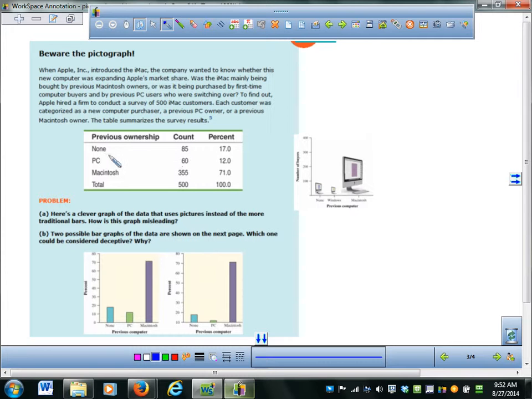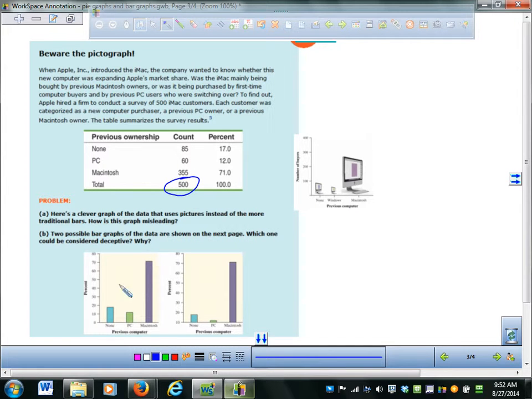It said this is a survey of 500 people, a total of 500 people who bought Apple computers or Macintosh computers, right?